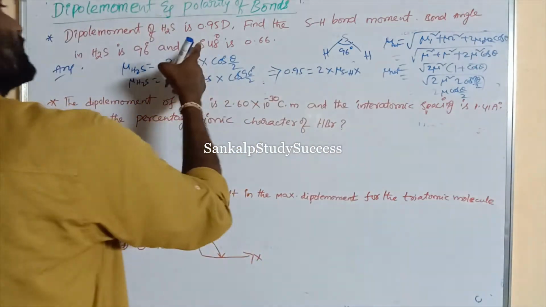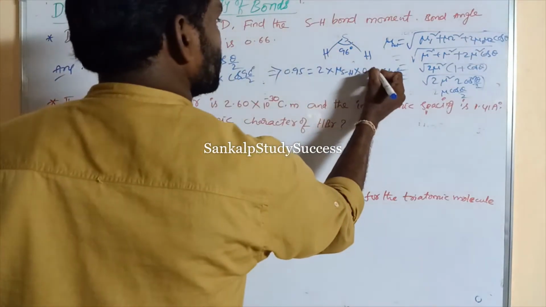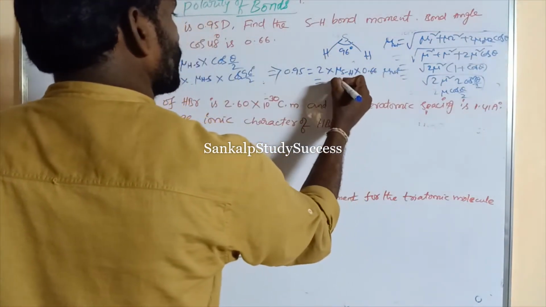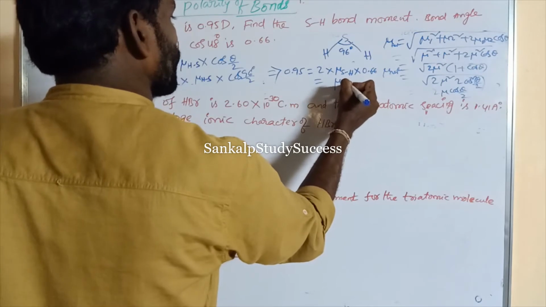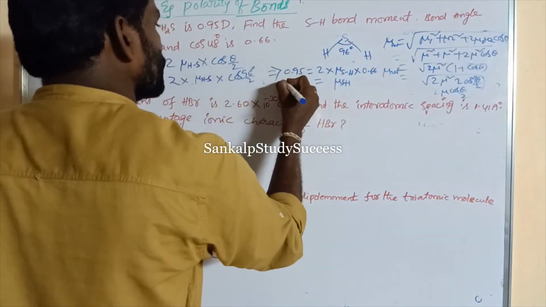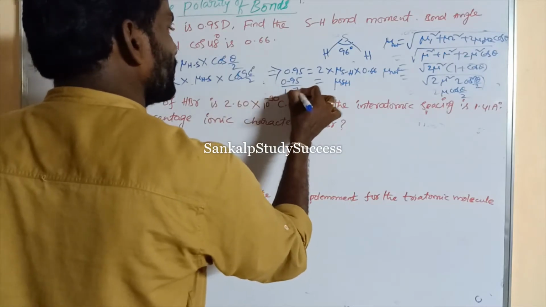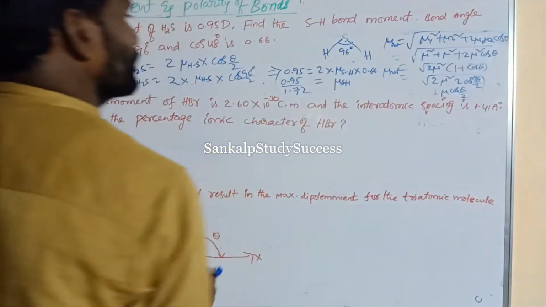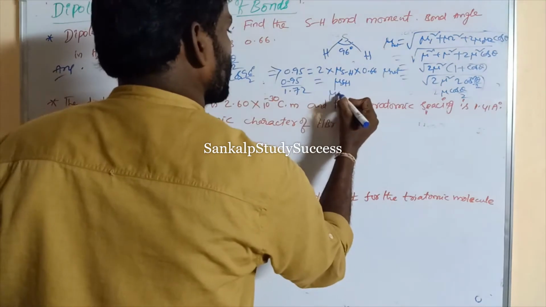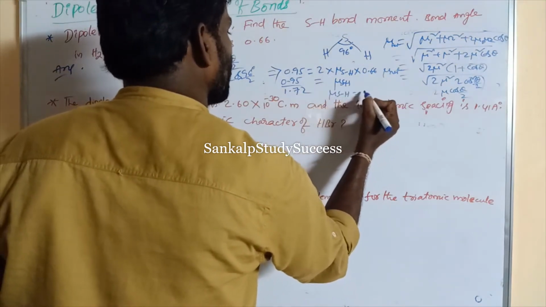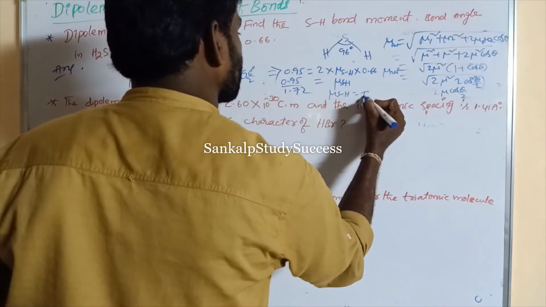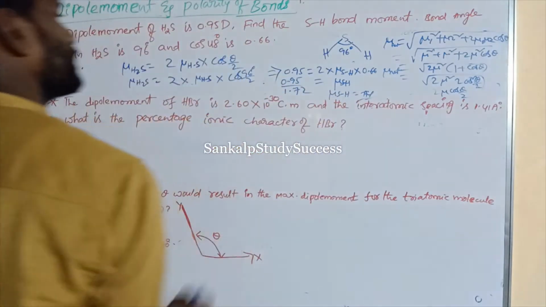Cos 48 means 0.66. So mu S-H is equal to 0.95 by 1.72. So finally it is simplified, we got the answer, right?